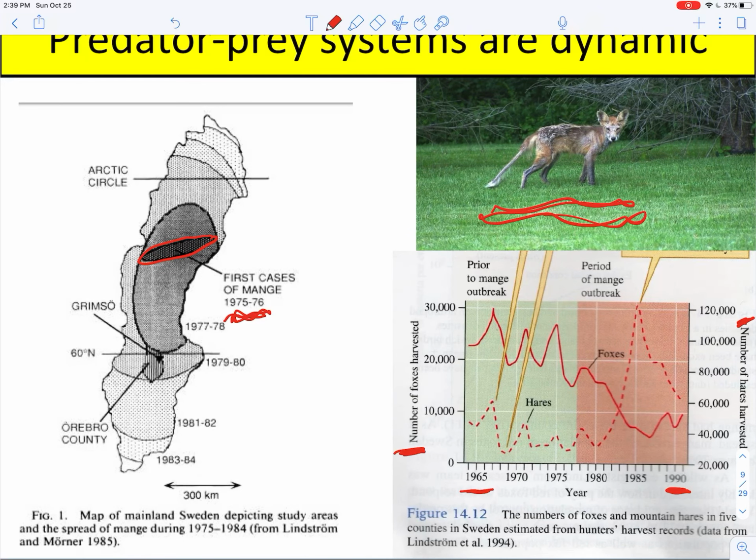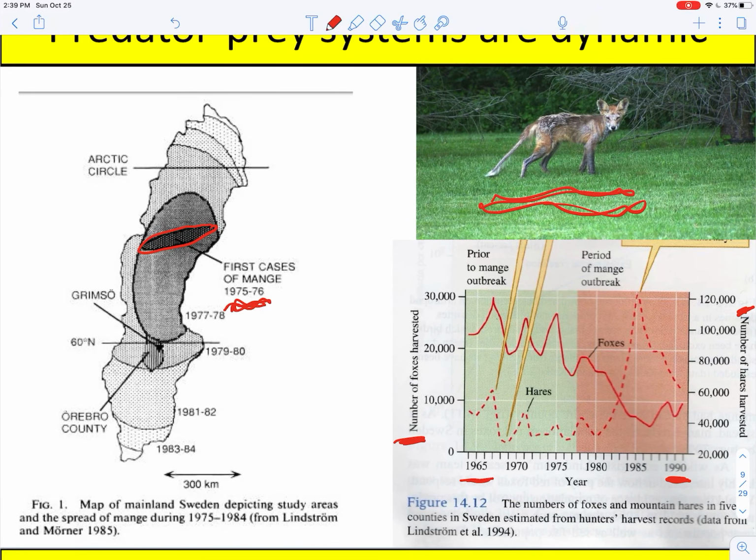So often what we're going to see when we have these long population trends in predator-prey dynamics is that some of these graphs are actually captured by hunters that report their catch. So here we're looking at a time frame prior to mange outbreak, and then a period while mange outbreak is happening.